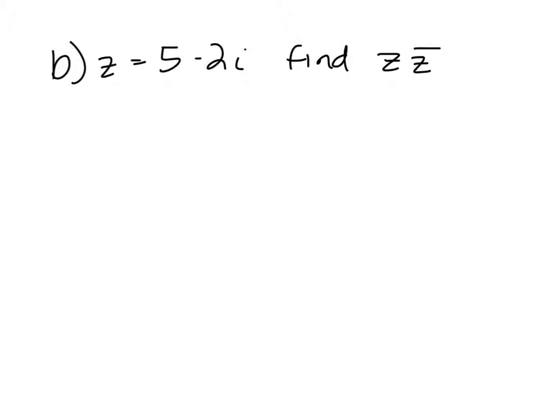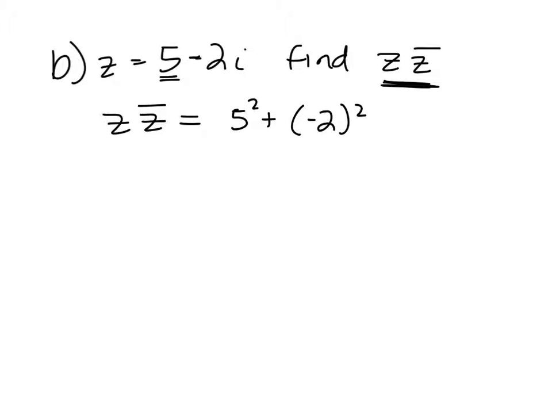All right, so in this example, we're trying to find the product between z and its conjugate. So we can just use the theorem, which says that this product will be a squared, which is 5 squared, plus b squared, where b is negative 2.